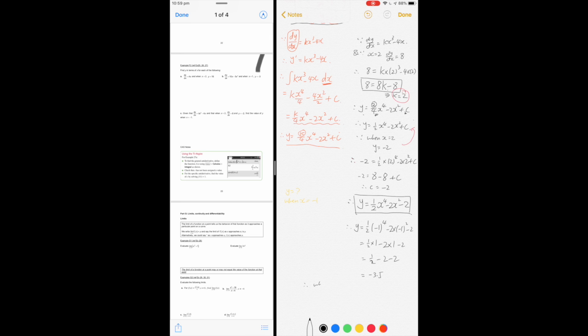So when x equals negative 1, y is equal to negative 3.5.